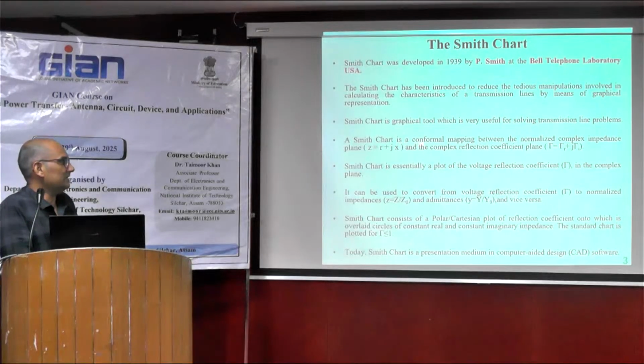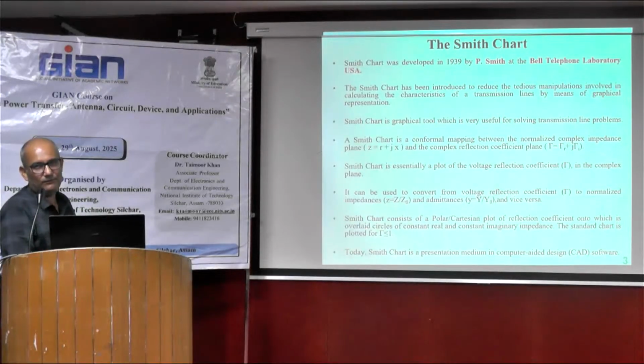The Smith chart is a mapping between the normalized complex impedance, that is, real impedance divided by characteristic impedance, and the complex reflection coefficient. Reflection coefficient magnitude varies from 0 to 1.